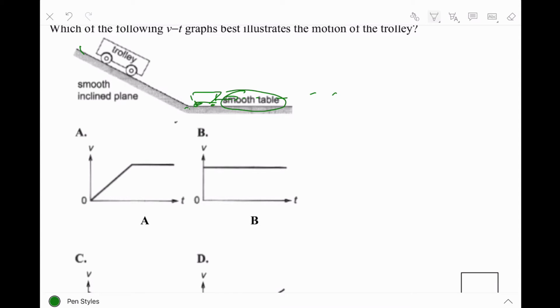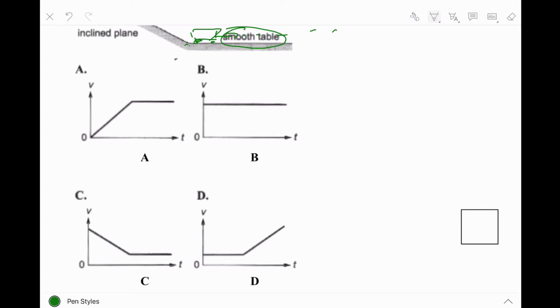At this level, of course, we are dealing with an ideal. Once you reach a senior level, all this subtlety will come back into a more complicated equation. All you need to do is the velocity increases, and then we keep the same. So the answer is A.